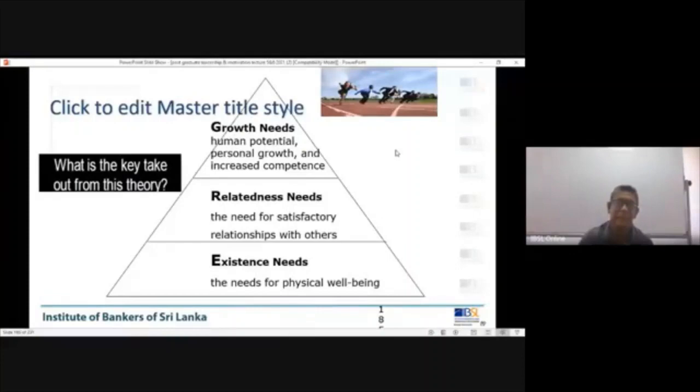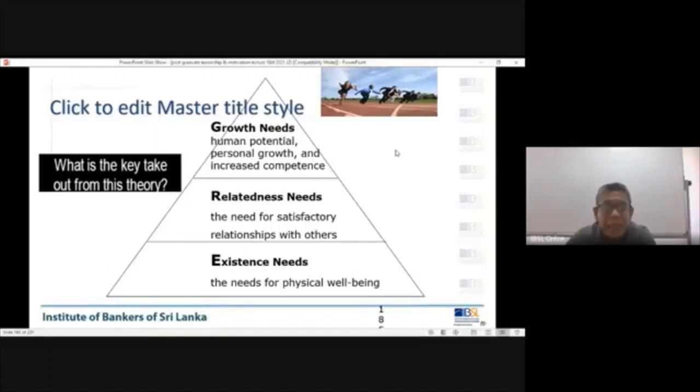So what can you take from this? He identified what you need to provide to satisfy the existence needs: job security, safety mechanisms, housing. Everybody needs those things, for physical well-being.